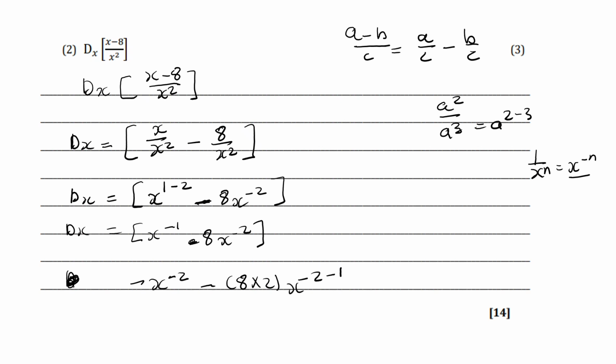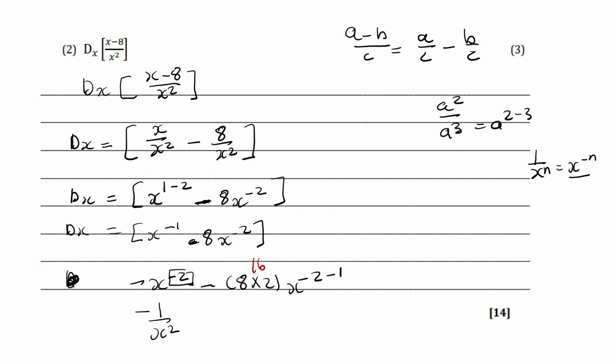So we know that 8 times 2 is 16. Everything now will start to make sense. When I say everything will start to make sense, I'm referring to the instruction that they gave us, saying that we should leave our answer in positive exponential form. So we can't leave this as negative 2. We need to say this is minus 1 over x squared.